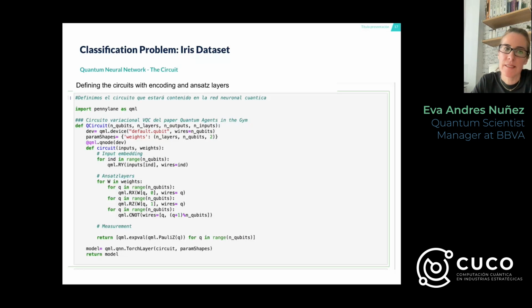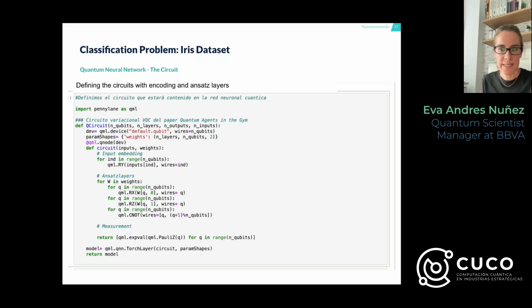The selection of these gates is very experimental, because you can choose a rotation on the Y axis or CZ as the entanglement gate, whatever you need, because this depends on the problem.